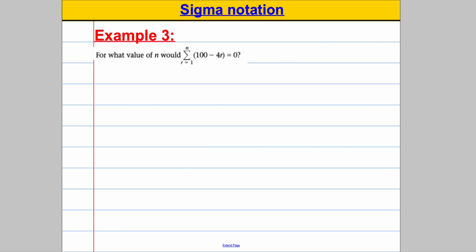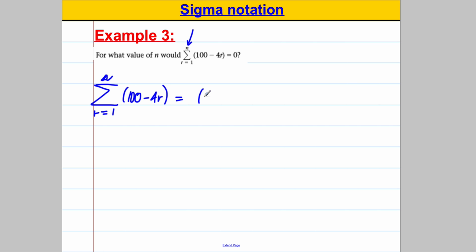Okay, last example, a slightly different twist. It says, for what value of n, they don't tell you how many terms you have, would this sum add up to 0? Let's convert this sigma notation into series written out notation, because we could say our a, our d, and we could do some work with that. So we're summing 1 to n of 100 take away 4r.